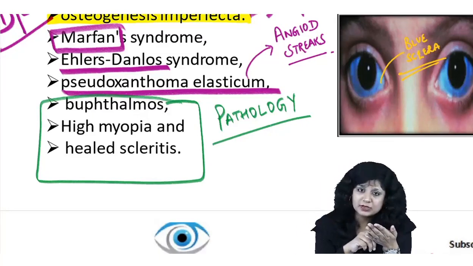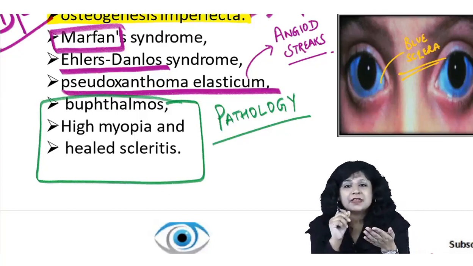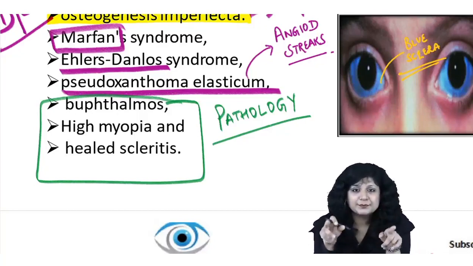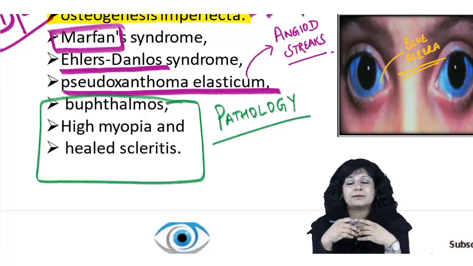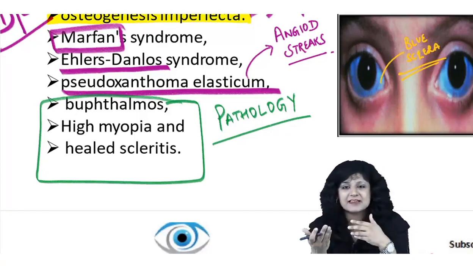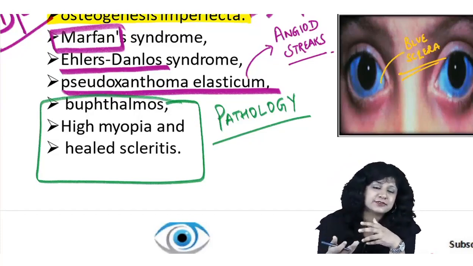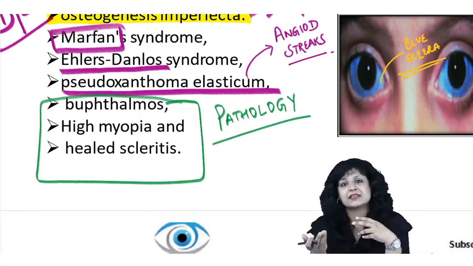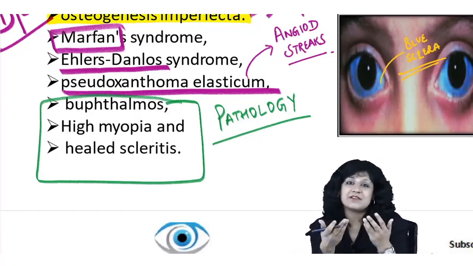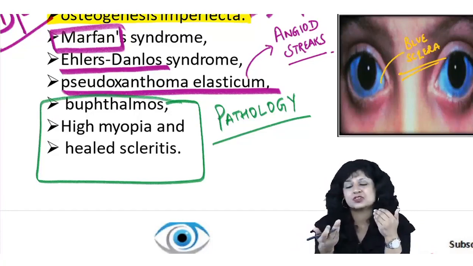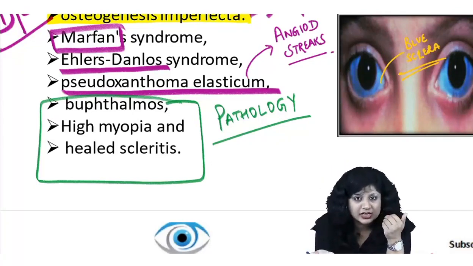That will be ophthalmology. Similarly, if I am giving you a patient who is having a high myopia, -9, -8, -7, and then we say that there is a tessellated fundus or myopic crescent, then again this blue sclera will help as a prompting feature that yes, it can be a case of pathological myopia.